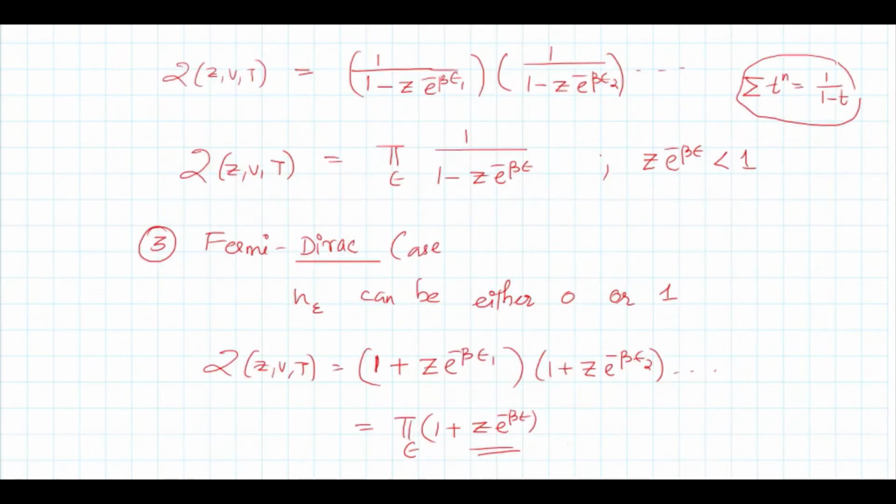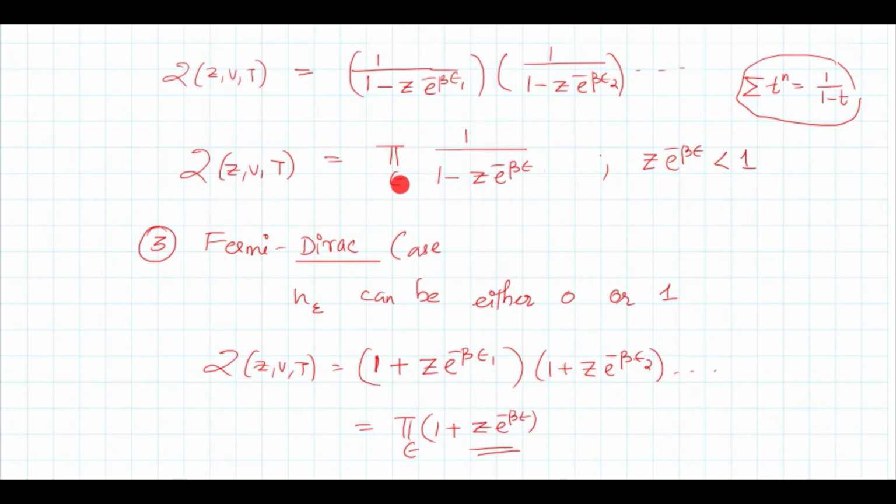Okay. So I can write the first term as 1 by 1 minus z e raised to minus beta epsilon 1. Second term will be 1 by 1 minus z e raised to minus beta epsilon 2, and so on. So this is simply the product over epsilon of 1 by 1 minus z e raised to minus beta epsilon.